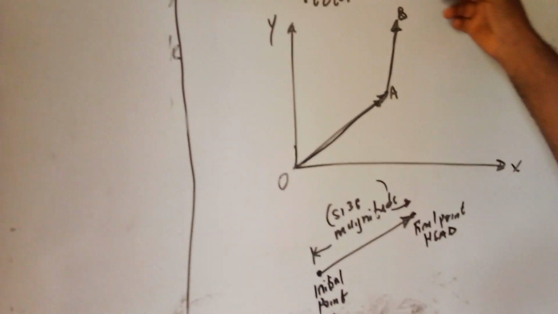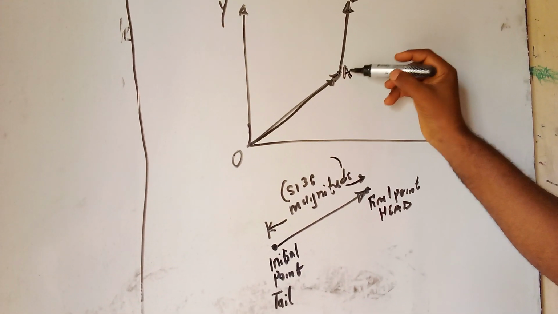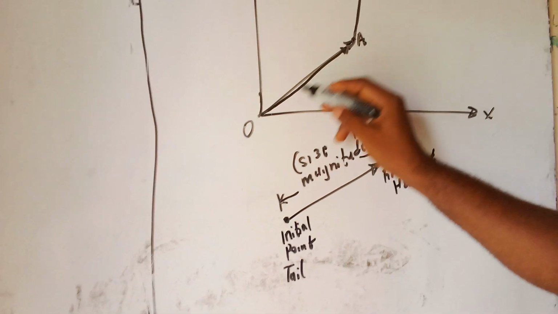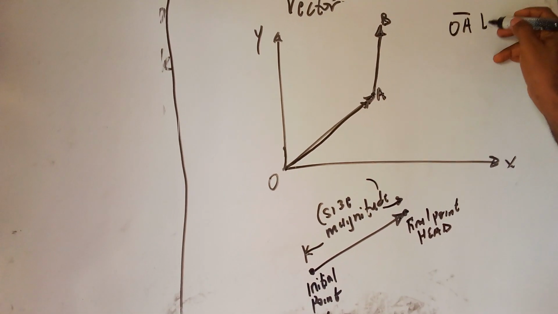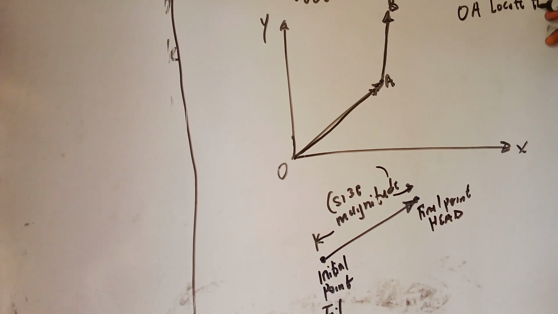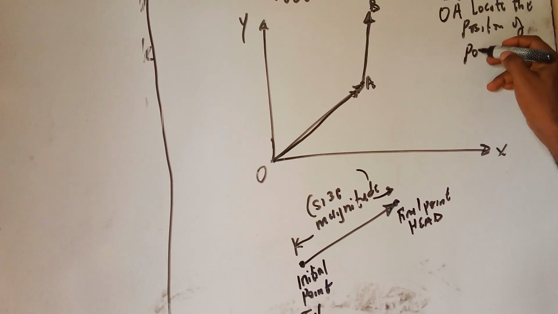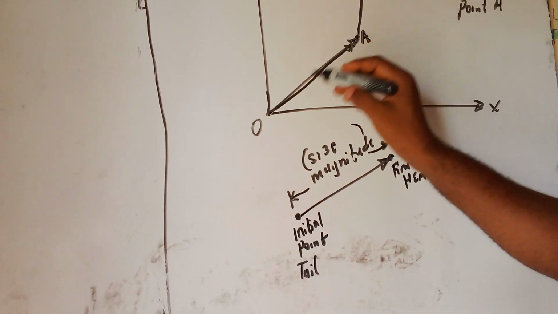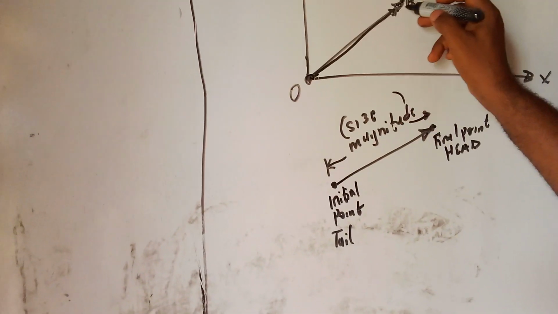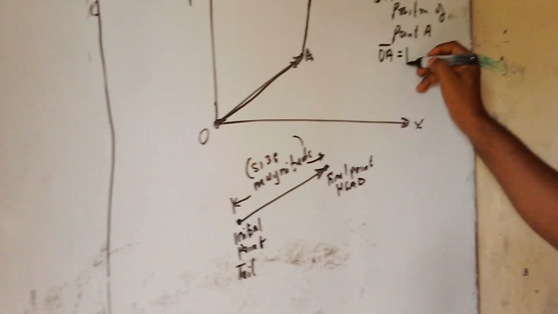Now, what do I mean by free vector and position vector? Like this point A, to be able to locate point A, I will use vector OA. So vector OA will locate the position of point A. Because the tail of the vector OA is tied to the origin, this vector OA is known as position vector.